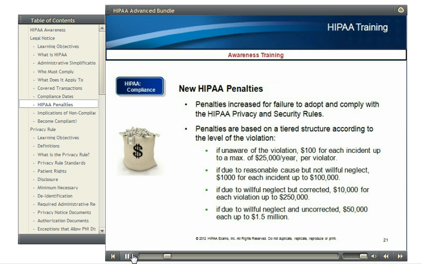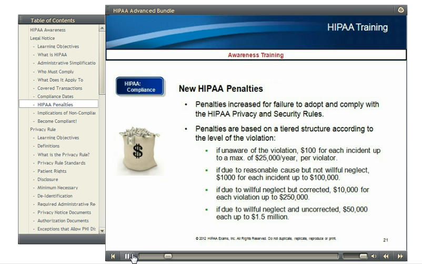New HIPAA penalties. Penalties increased for failure to adopt and comply with the HIPAA privacy and security rules. Penalties are based on a tiered structure according to the level of the violation. If unaware of the violation, $100 for each incident, up to a maximum of $25,000 per year per violator.